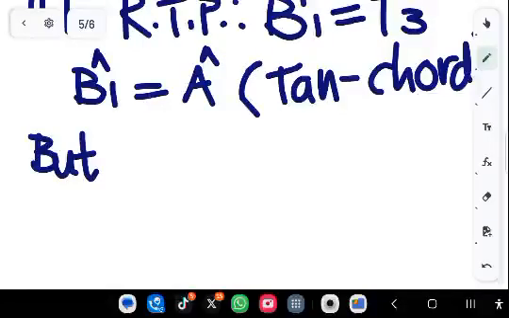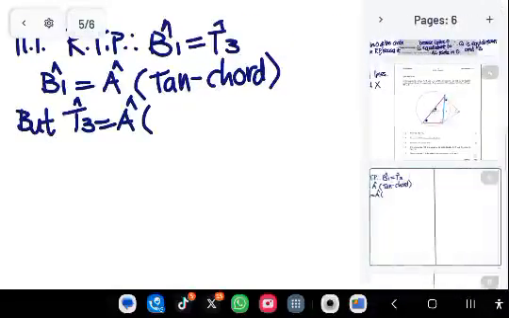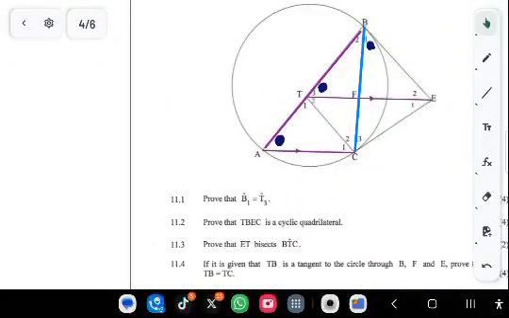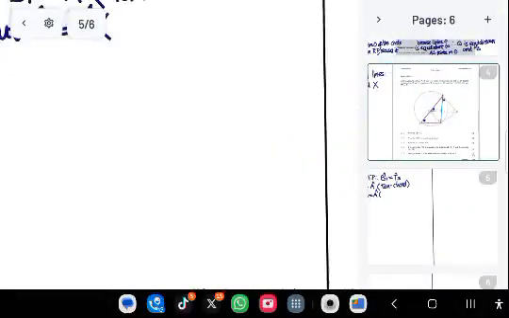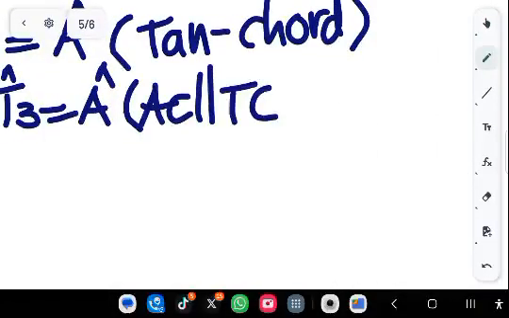But angle T3 equals angle A, or angle A equals T3. Reason: those two lines that are parallel. AC is parallel to TE, corresponding angles. Alternate angles, no, it's corresponding angles, sorry. F forms corresponding angles.